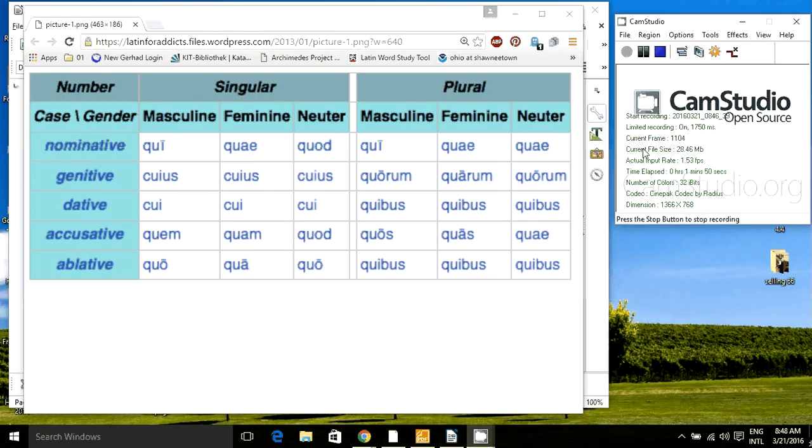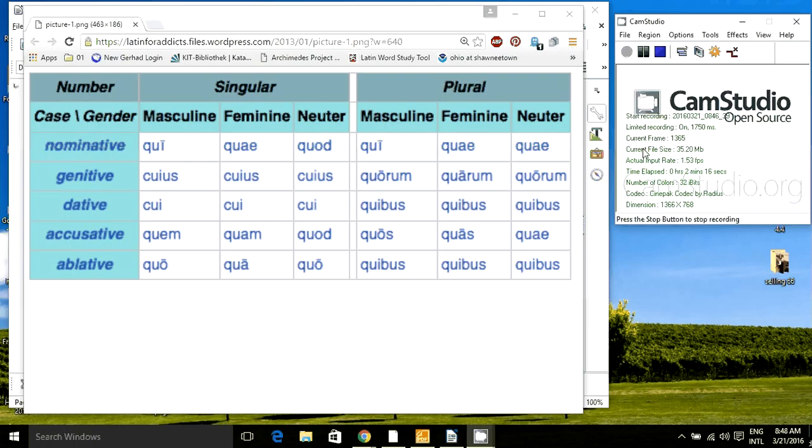Notice, quae is in the nominative because its case needs to be how it's being used in its own clause. So quae is singular and feminine because it refers to the girl, but it's nominative because in its own clause, it's the subject of the verb, who came out of Italy.